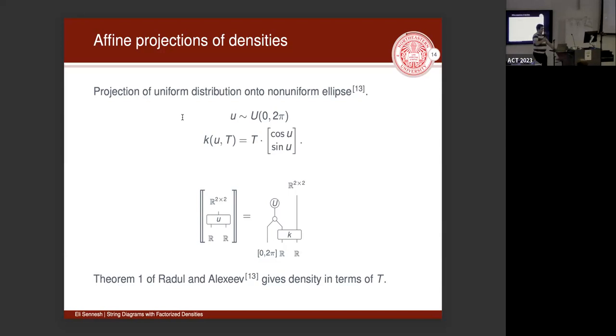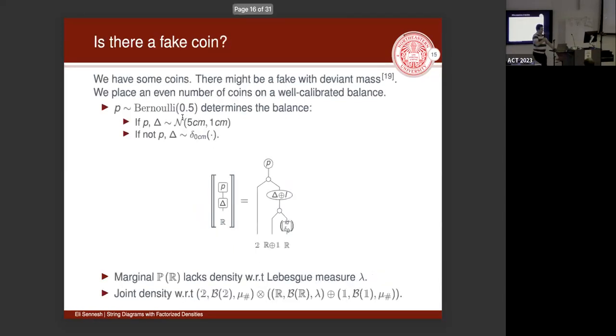And yeah, you could actually calculate the density for that based on how the transformation warps the coordinates. So a slightly more involved example where we're going to see that there isn't a density once you marginalize out the intermediate residual.